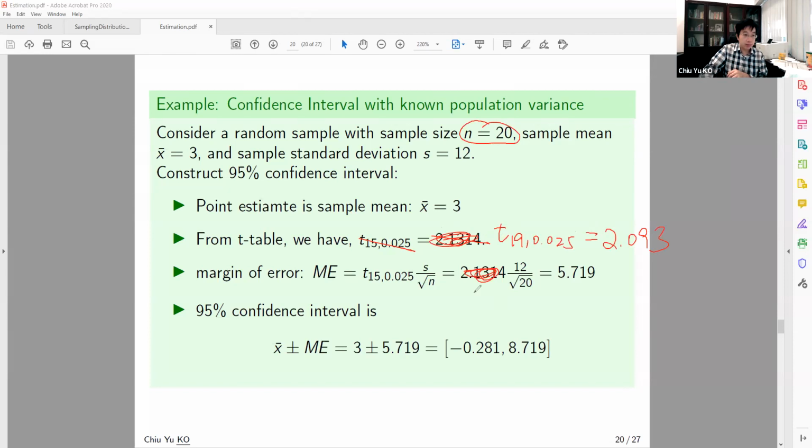So this is the same. 2.093 times 12 over root 20. So what's the big number? Let's do it together.